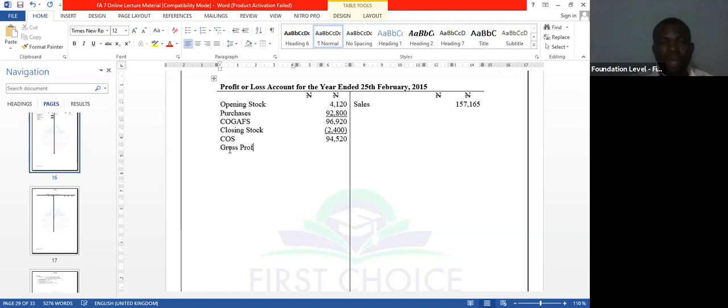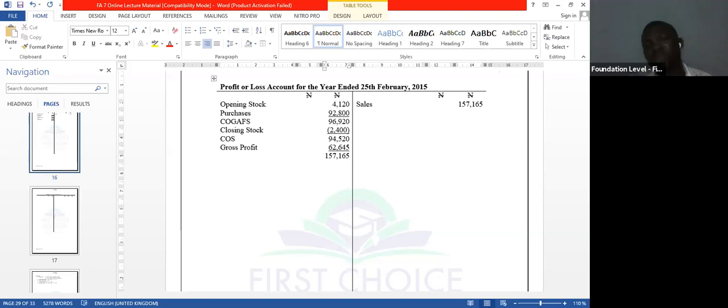So my gross profit is a subtraction, like I said earlier. If I subtract it, that'll give me a total of 62,645. The addition of these two will give me a total sum of 157,165 naira.